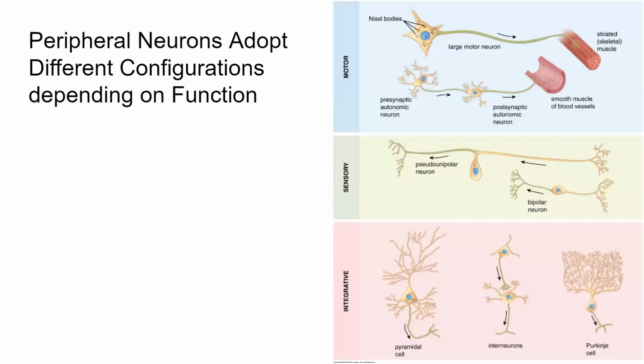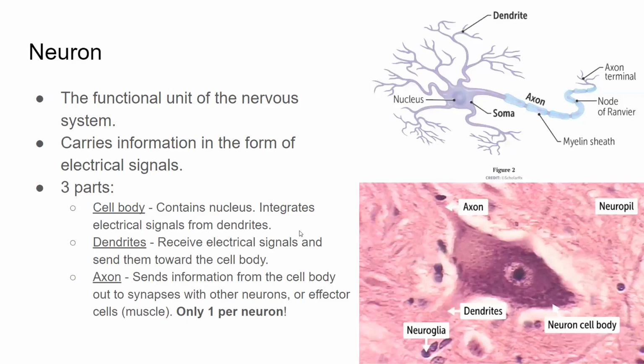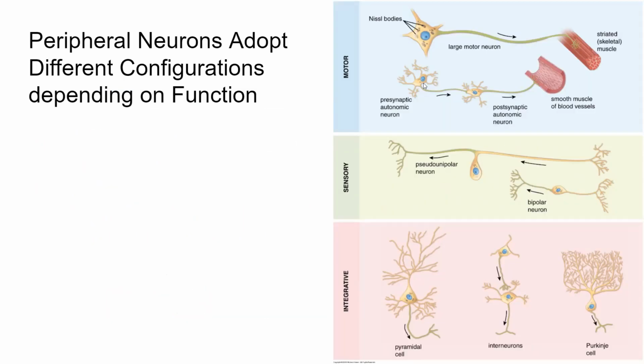Let's look at that in a little more detail. This is the key I want you to take away from this talk. Depending on what type of peripheral neuron you're dealing with, it tends to adopt a certain configuration. First off, we have our motor neurons, our efferent neurons. Somatic motor neurons adopt this one neuron, one axon approach to stimulating skeletal muscle.